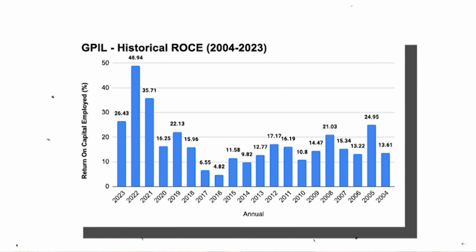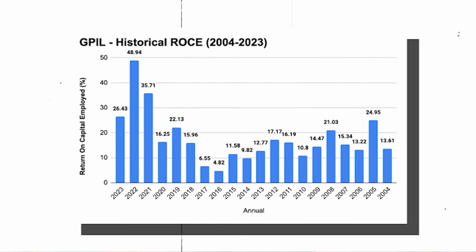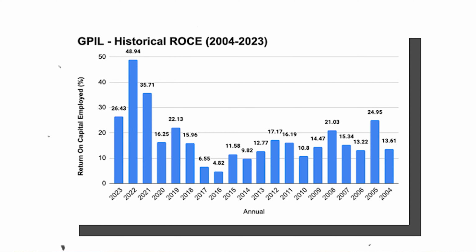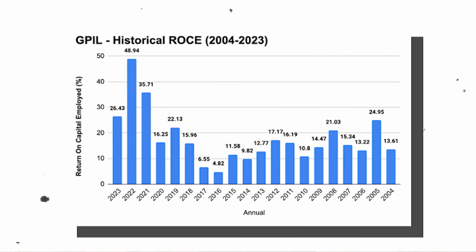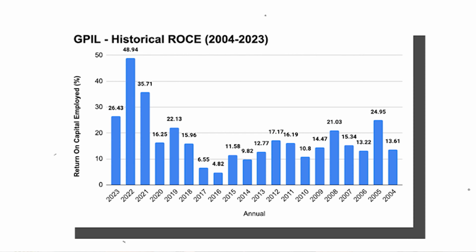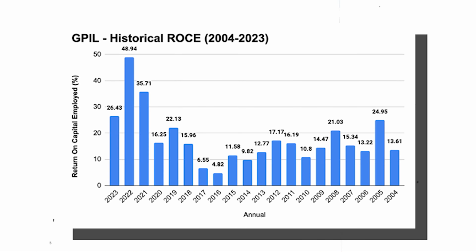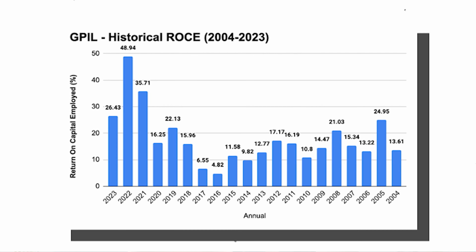And it is almost for sure that these numbers are not sustainable, because if you look at the historical ROC of even GPIL, over the last 15 years, above 20%, it has maybe done 3 years in the last 12 years. And then 2021 to 23, because of the reasons we discussed, the ROC has been very, very high, right?